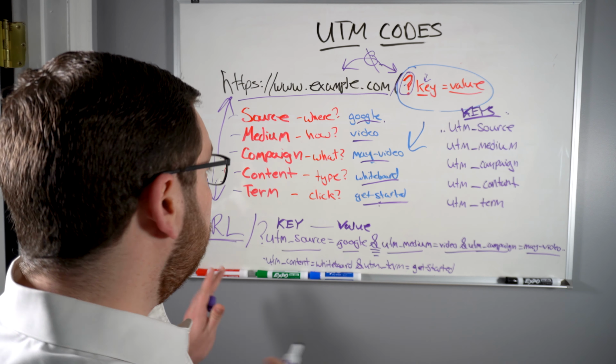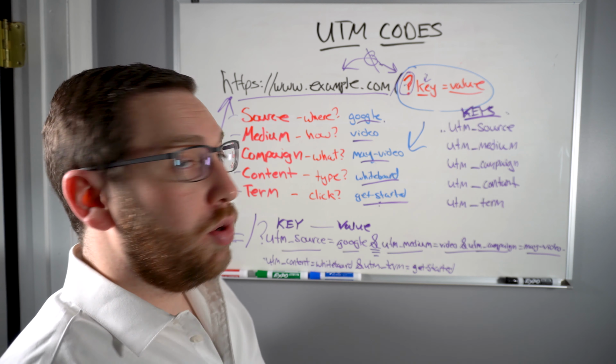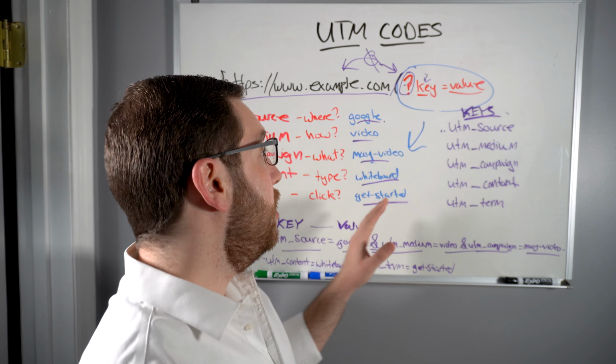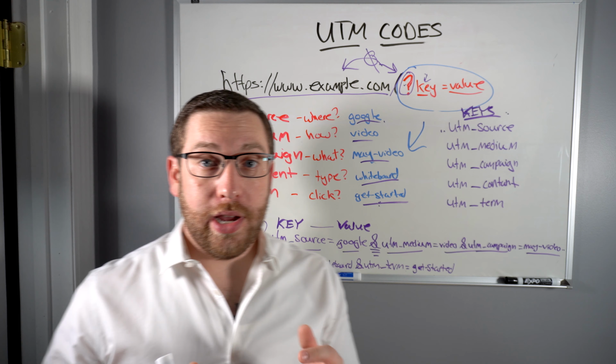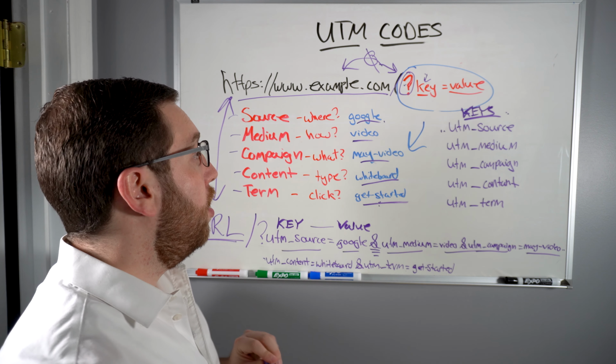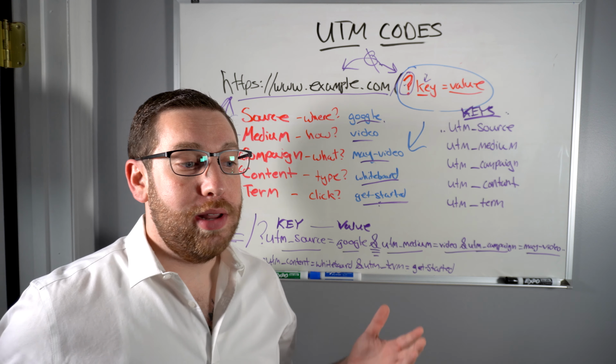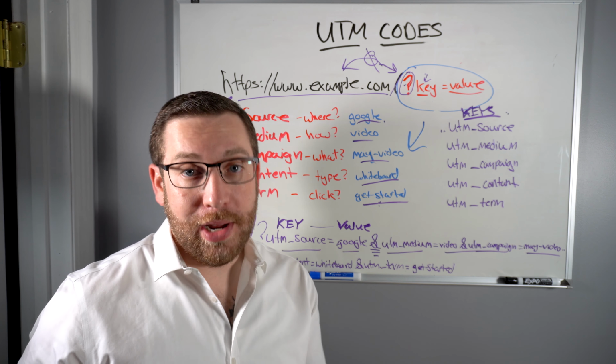Now, the cool part is when you go into Google Analytics, you can actually see all of this. So when traffic comes to your website using this URL, you're gonna be able to say, okay, 10 people clicked on my Google video from my campaign. And I know this because I went into, let's say, a source medium report.